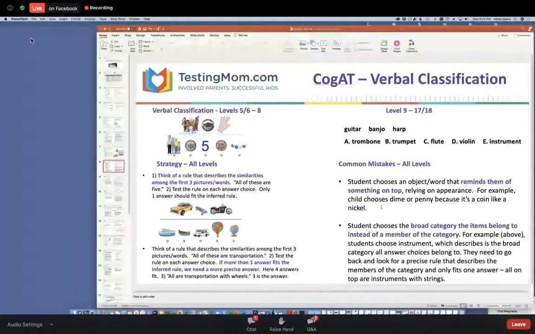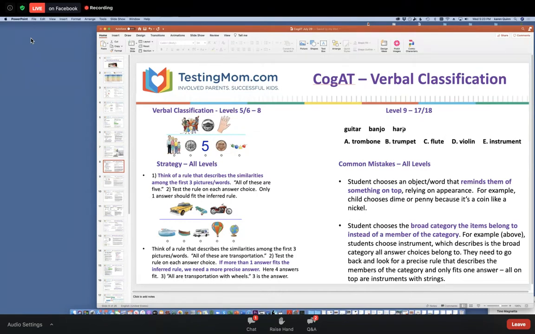So some of the common mistakes that kids would make might be that here they'll see something and they'll just pick something that reminds them of something on top. And so they'll pick a coin. Or another common mistake with one like this is kids tend to pick the category, but not something that fits into the category.